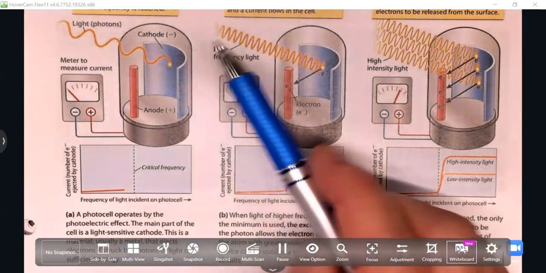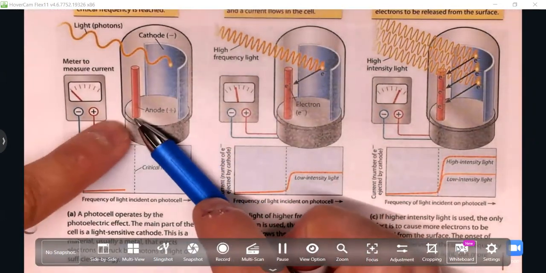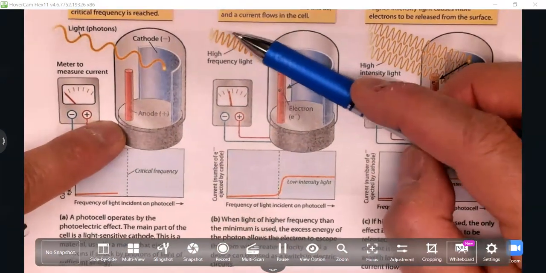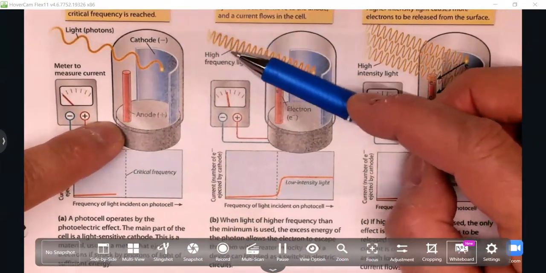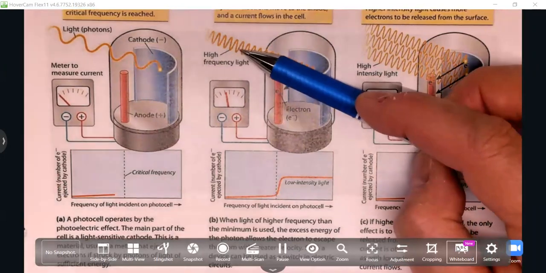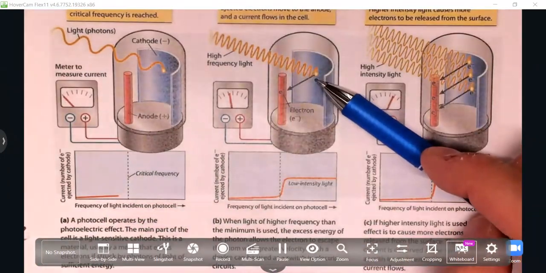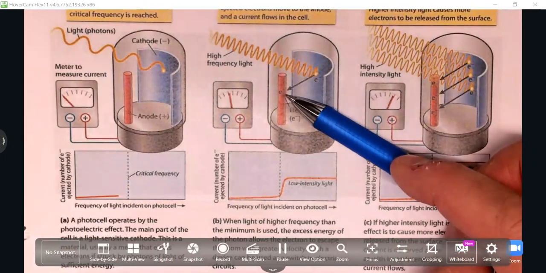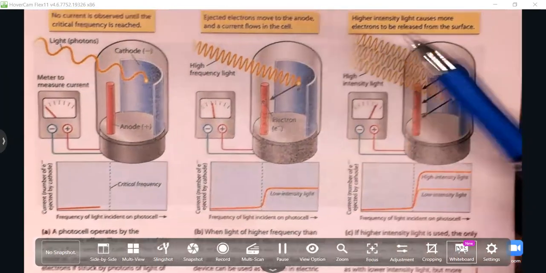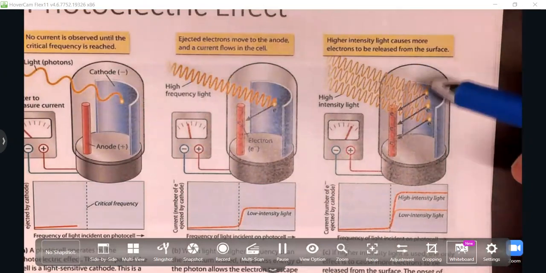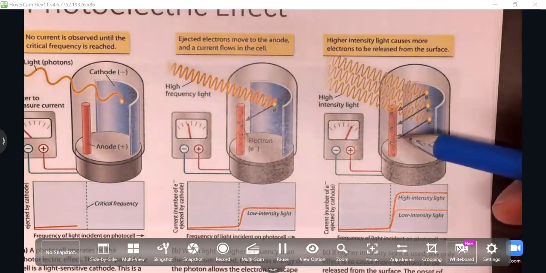We want electrons to come to this anode right here, unless this frequency increases enough, higher frequency, higher energy, right? It hits this surface, it will eject electrons. If you turn this up more and get higher intensity light, you're going to eject more electrons.